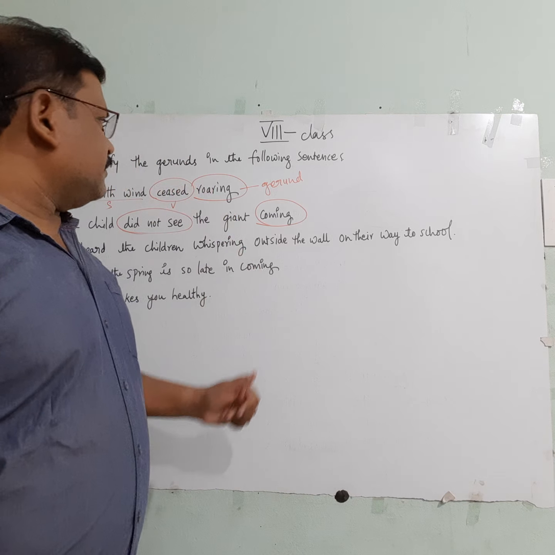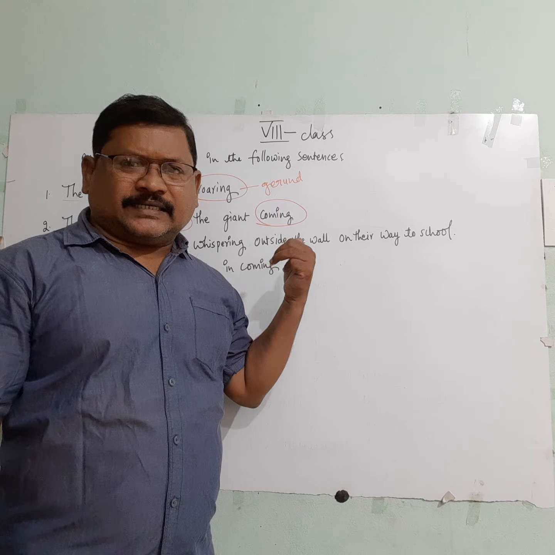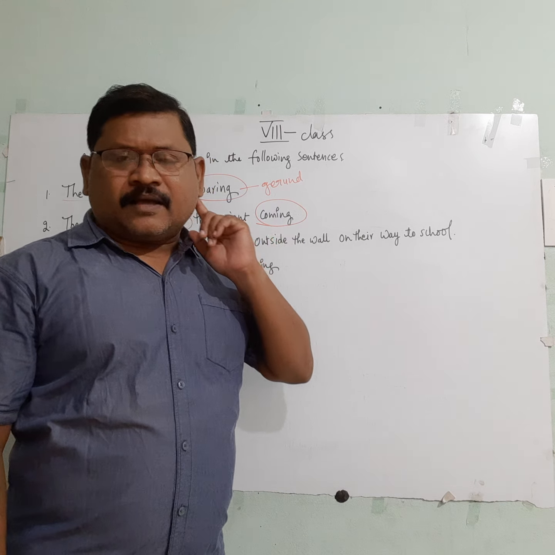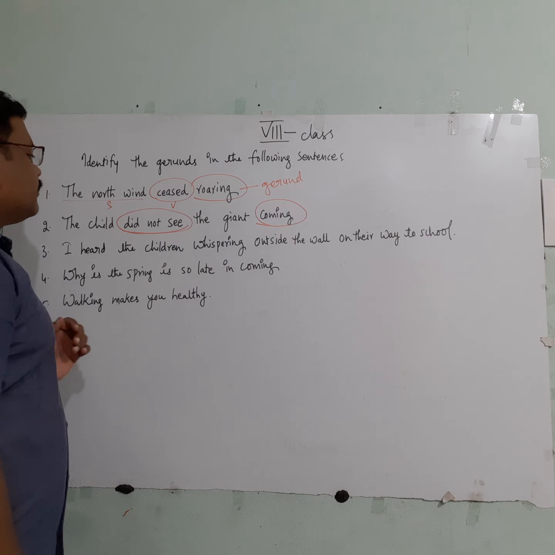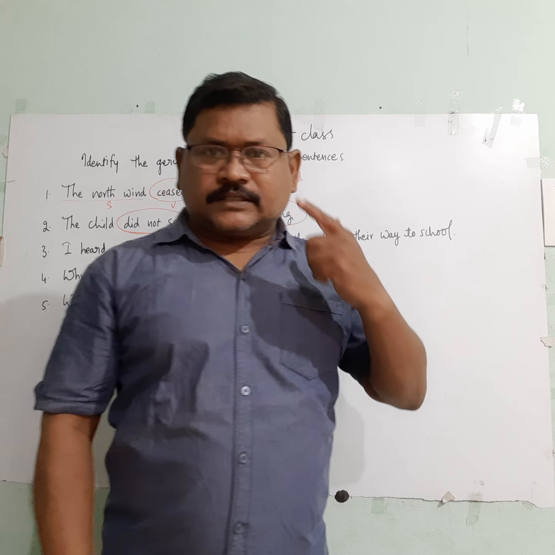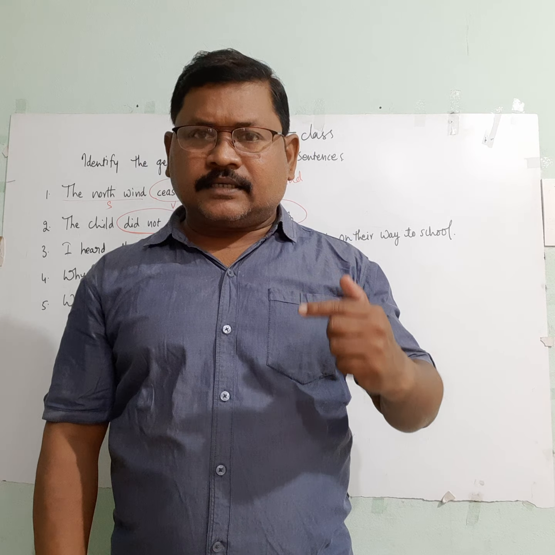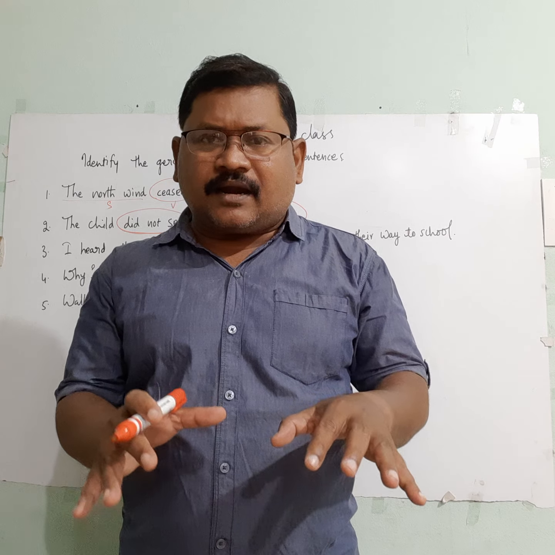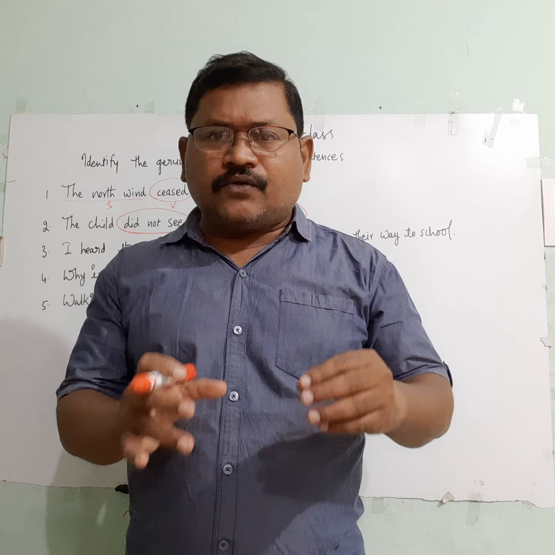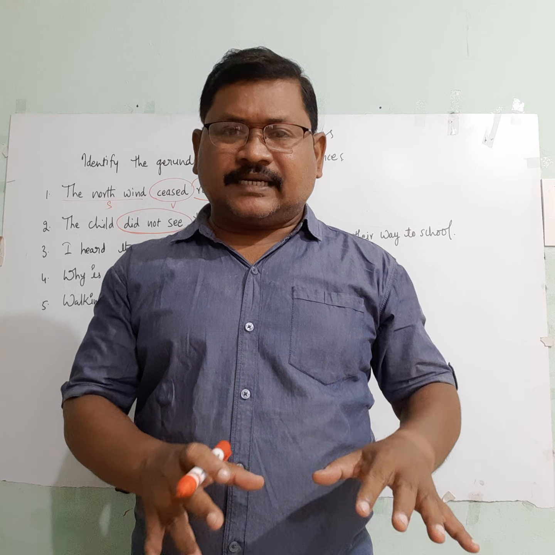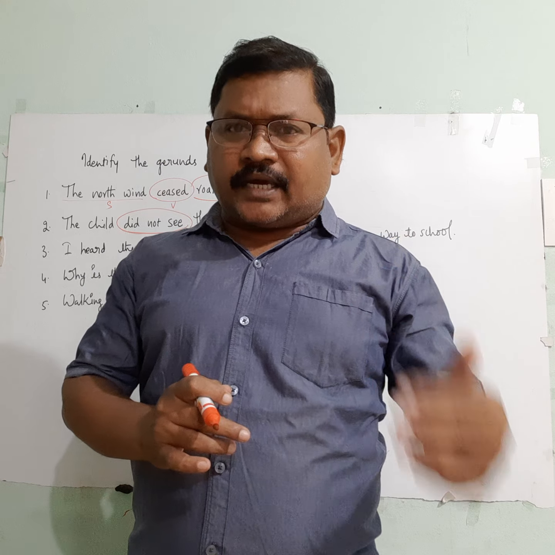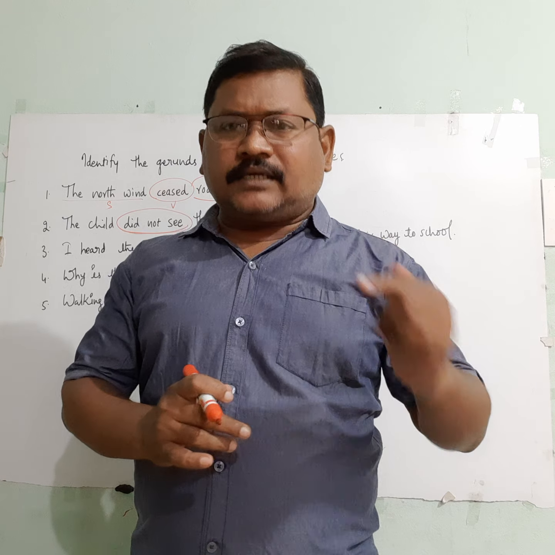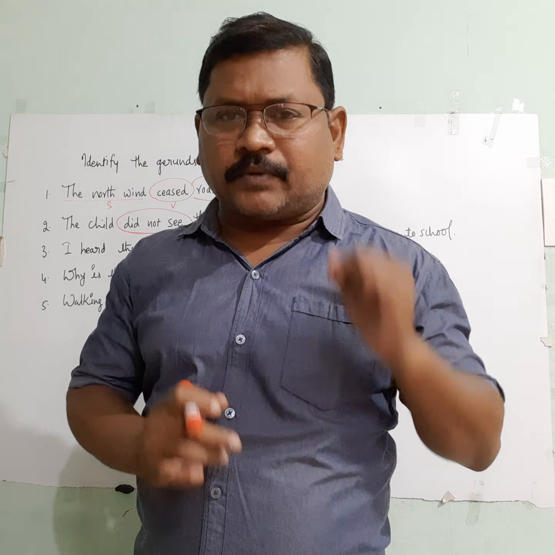In most of the grammar books, it is shown as a gerund, but it is not gerund, because the main verb is a verb of perception: see, look, hear, smell, taste, these are called verbs of perception. When you find a verb of perception in the sentence as a main verb, if the V1 ing is followed by an object or objective case, that is treated as present participle.